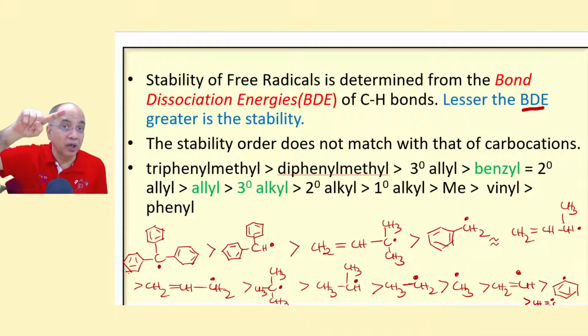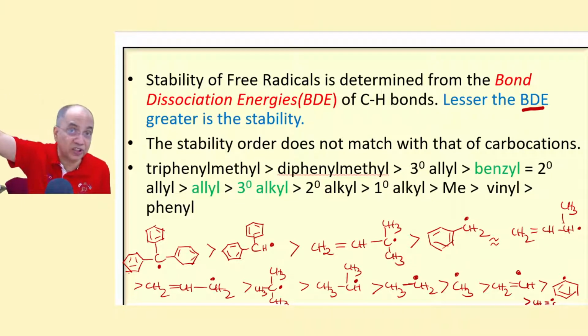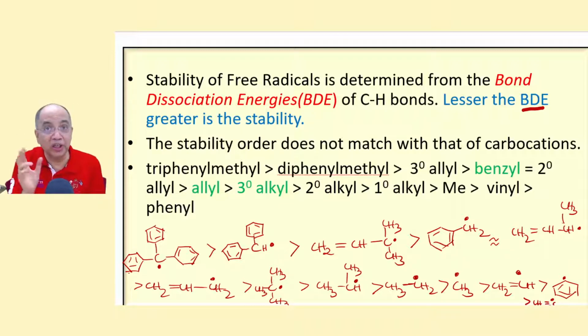That is just an addition of H minus ion with a positive charge to form a sigma bond, but here it is the breaking of a bond homolytically, not heterolytically. That's the reason why the allyl free radical is more stable than this tertiary butyl.